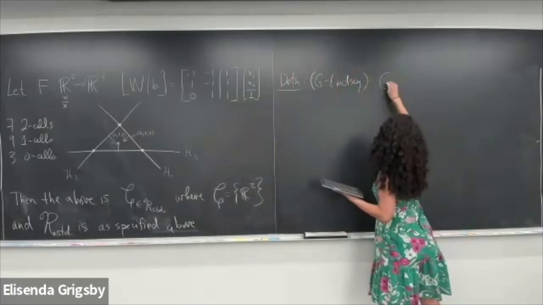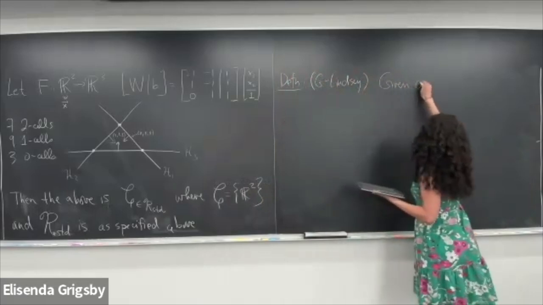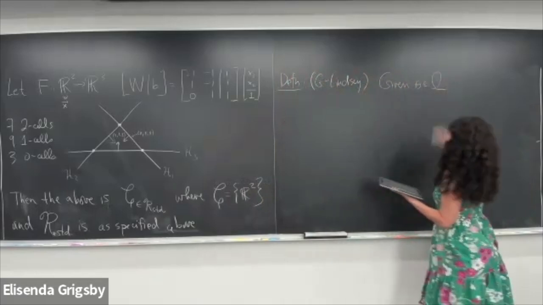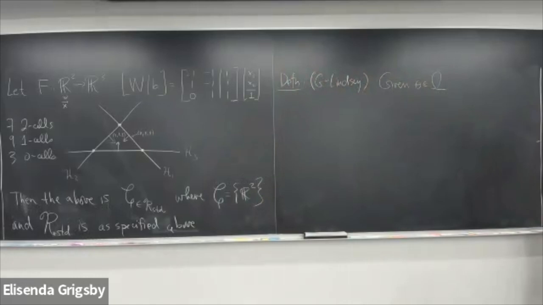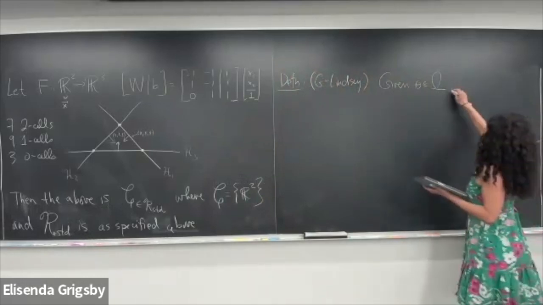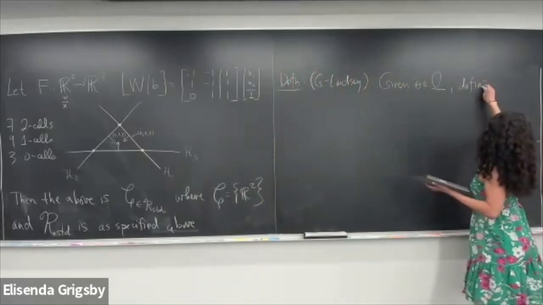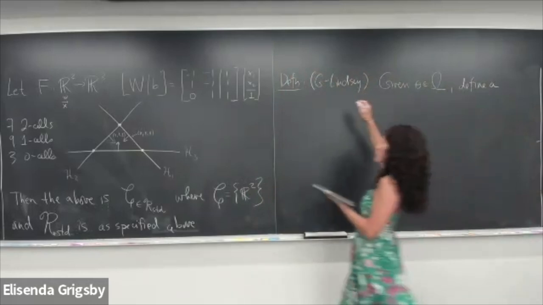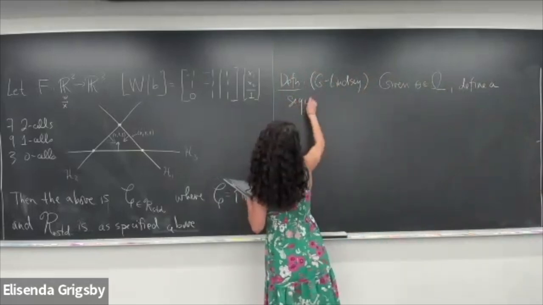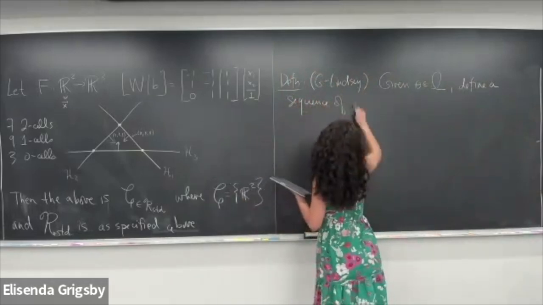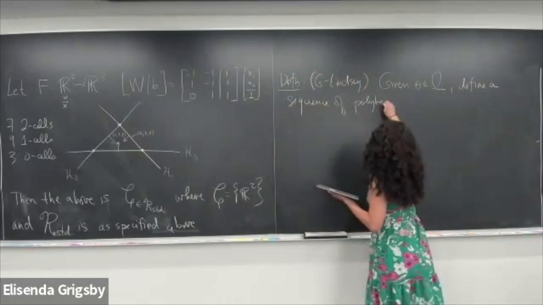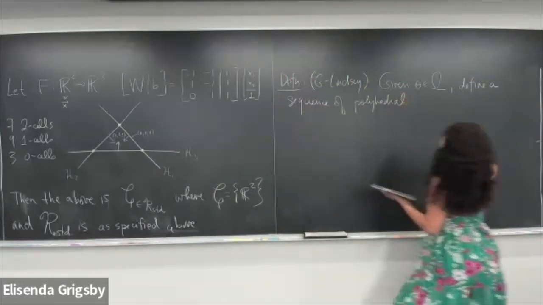So given theta, a parameter, we can define a sequence of polyhedral complexes, or a collection, I guess, of polyhedral complexes, in each of the layers.